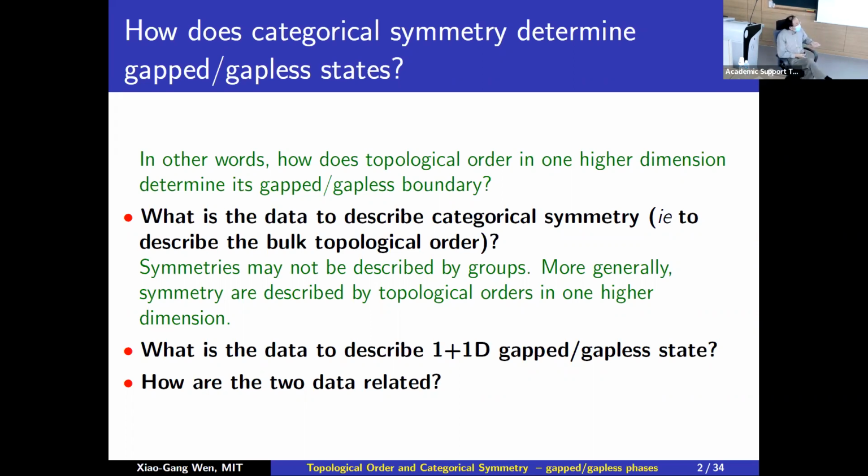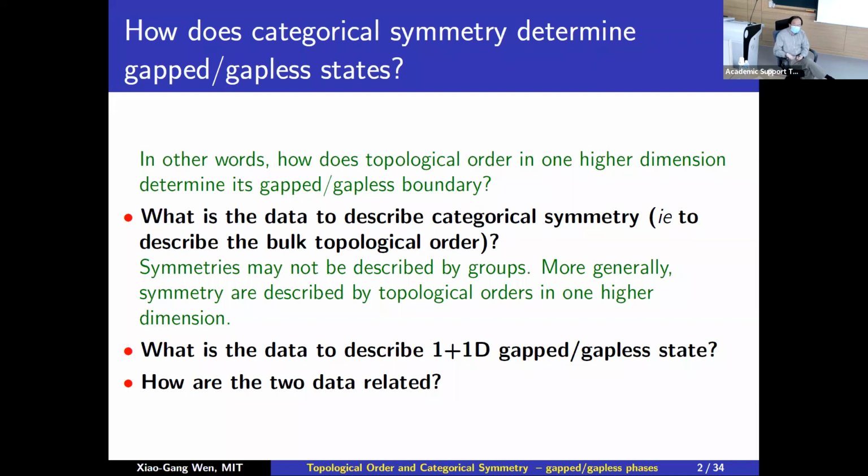The point is that we need data to describe the categorical symmetry, or maybe we need data to describe the bulk topological order. This way of thinking is important because the bulk topological order is a much more general way to look at symmetry. If you use the ordinary point of view to look at symmetry, this program will fail, because here we are using emergent symmetry at low energy to characterize and classify low energy physics.